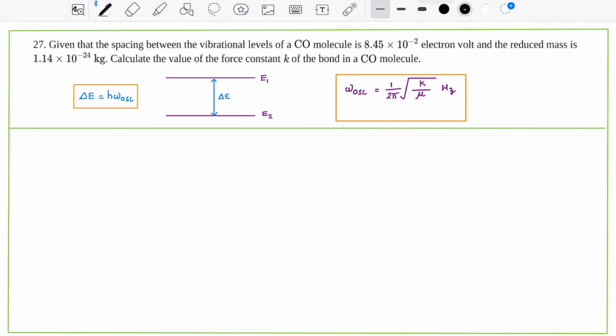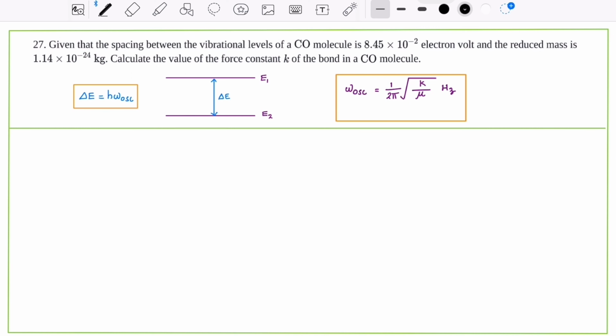The next question is given that the spacing between the vibrational levels of a CO molecule is 8.45 into 10 raised to minus 2 electron volt and the reduced mass is 1.14 into 10 raised to minus 24 kilogram. Calculate the value of the force constant K of the bond in a CO molecule.